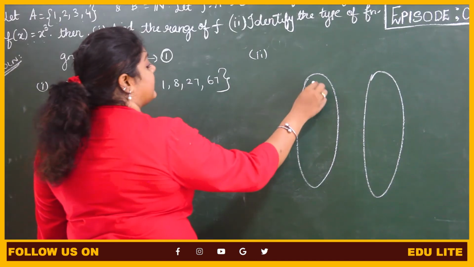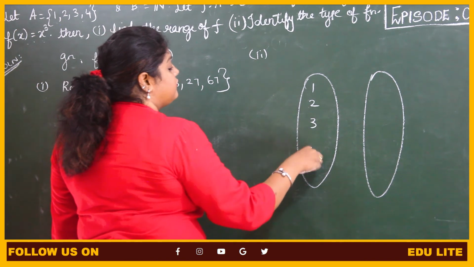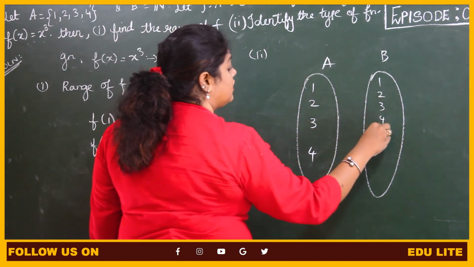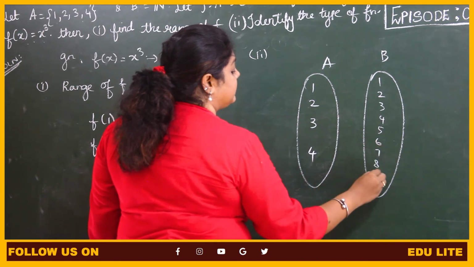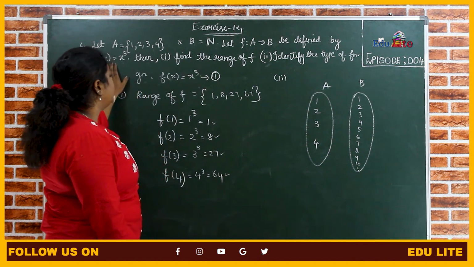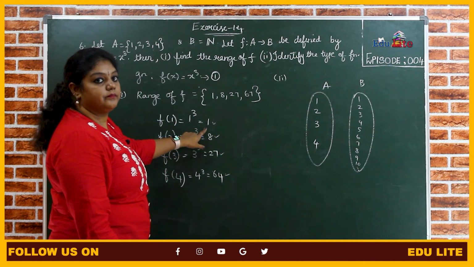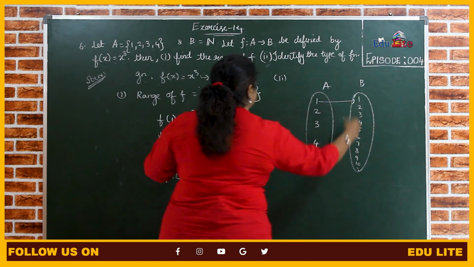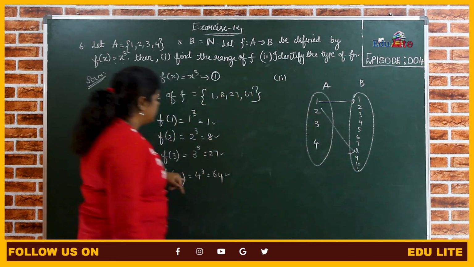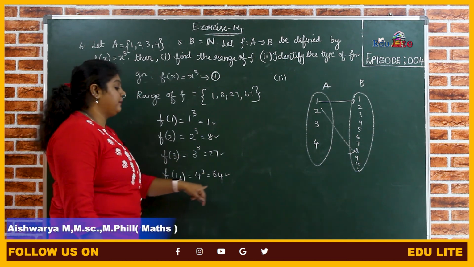The second point is we have to identify the type of function. The A set is given as 1, 2, 3, 4 and the B set is given as the natural numbers 1, 2, 3, 4, 5, 6, 7, 8, 9, 10, it goes on. According to the given function, 1 is mapped to 1. Next 2 is mapped to 8. 3 is mapped to 27, 4 is mapped to 64.